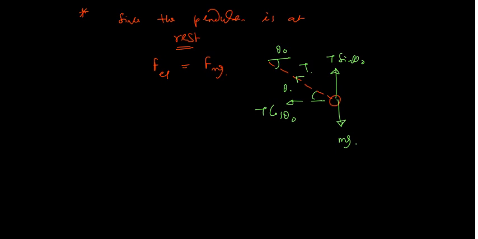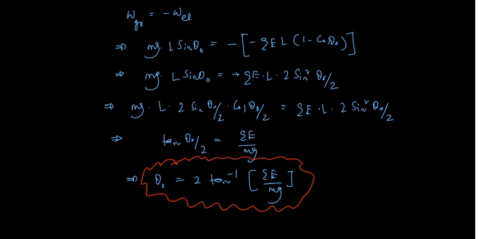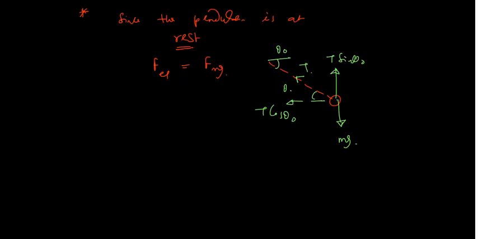So if we check the result here, the sine theta by 2 cancels. Here there is a change in the value: the actual value will be mg by QE, not QE by mg. So we will get just a small change. This is mg by QE. Anyway, if I do it like this, then we will end up writing T sine theta naught is equal to mg, and T cos theta naught is equal to QE.